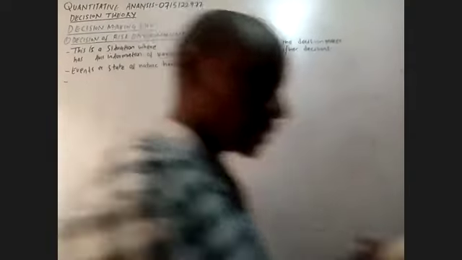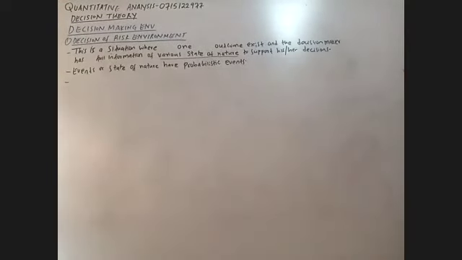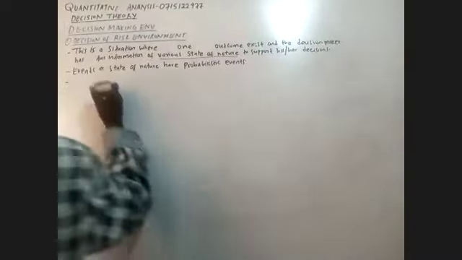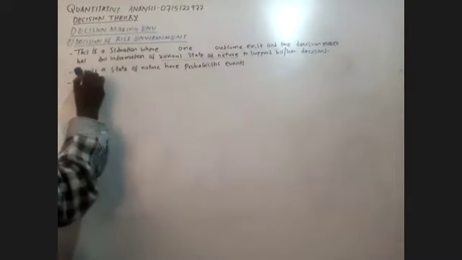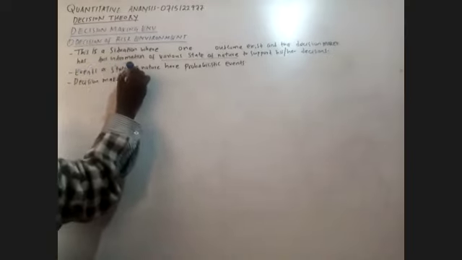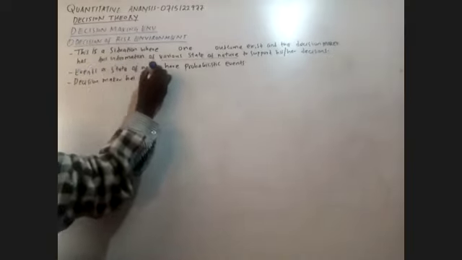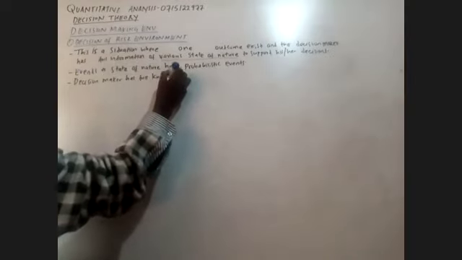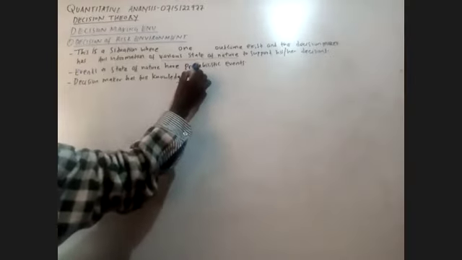What other characteristics can you find in that state of nature? Decision maker has knowledge. Decision maker has full knowledge of the market.